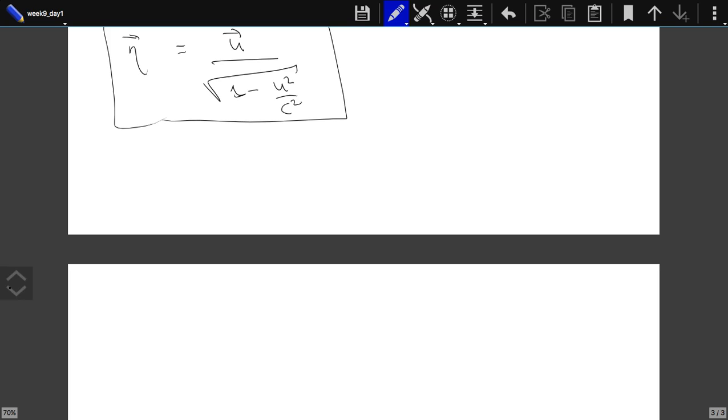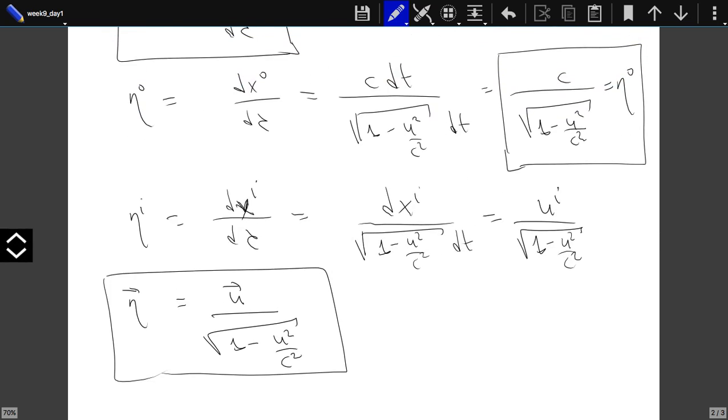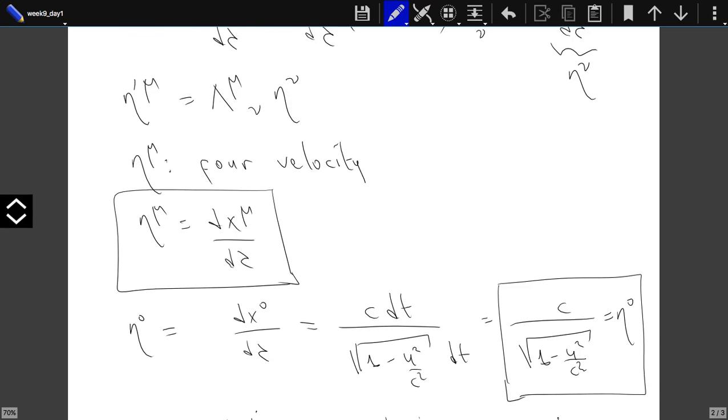Now let us imagine we go to a different reference frame. So you see here what we are doing. Let's define what these dx's are. I'm the observer, observing an object moving around with a velocity u. This dx mu is the change in the position vector of the object that I observe, and d tau is the proper time that I calculate for that object.